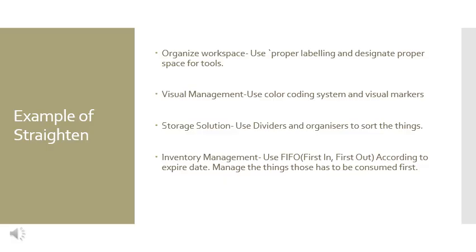Then the storage solutions, like using dividers and organizers to sort out the things, as we discussed in the first S of the lean, sort. Sorting out things is really important, the first step of the 5S process, to know what things are of immediate use and what things will be used in the future, and to store them at a particular place so that they are easily accessible when they are needed.